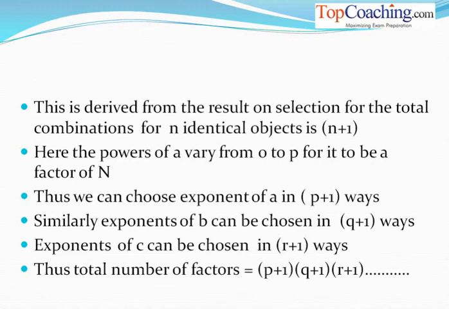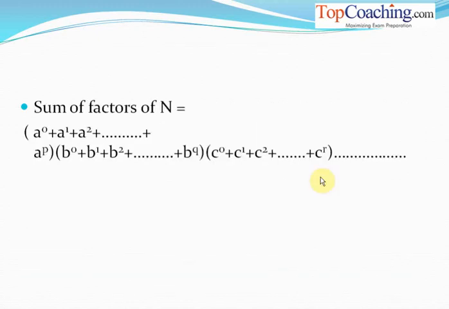Now let's look at the sum of factors of n, or the sum of divisors of n. Let us say that we can express any natural number n equal to a to the power p into b to the power q into c to the power r and so on, where a, b, c are prime numbers and p, q, r are natural numbers.